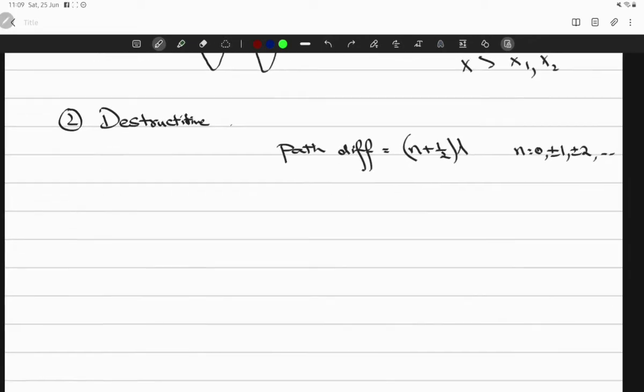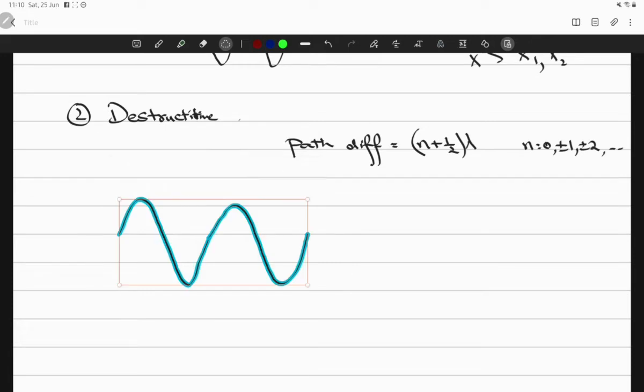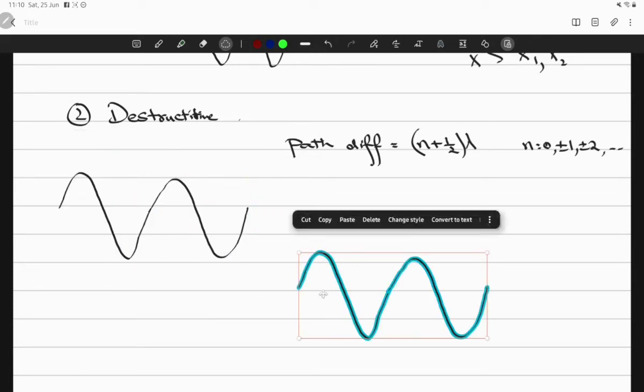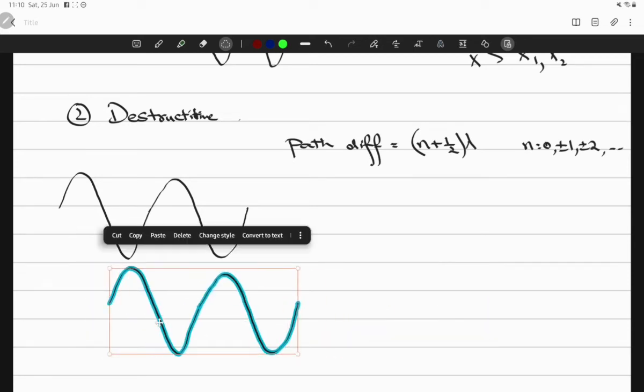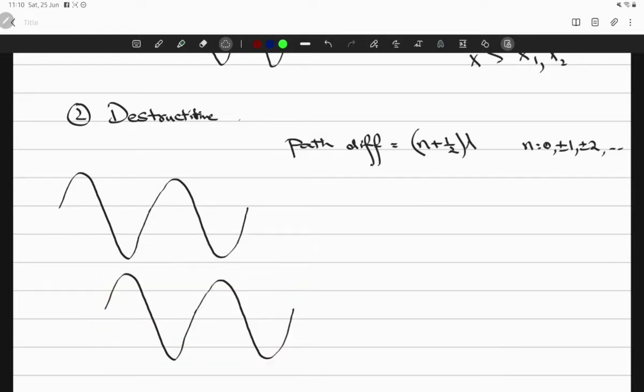Now in destructive interference, we could have a wave that is like this, and the other wave, let's just move this a bit here and then have another wave. Now if this wave is something like this, so that's n plus half.